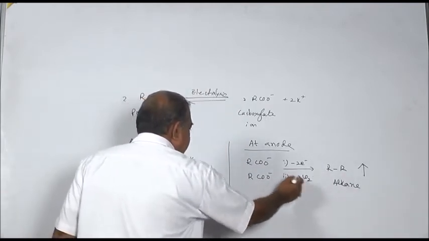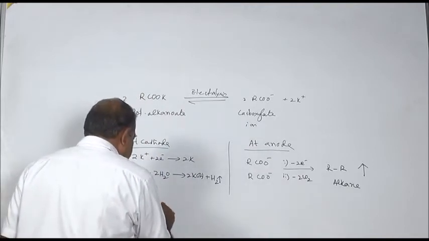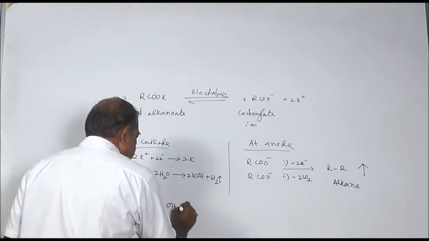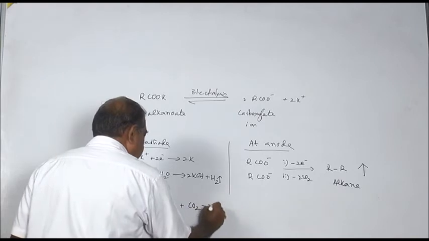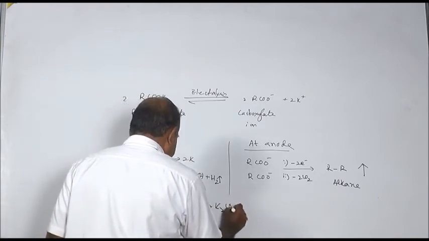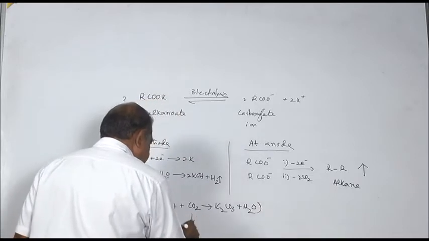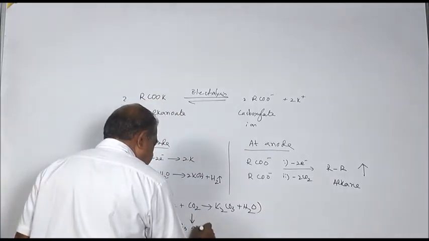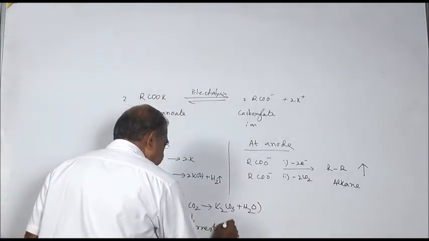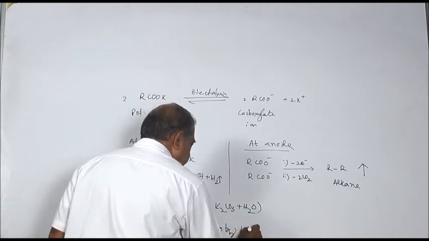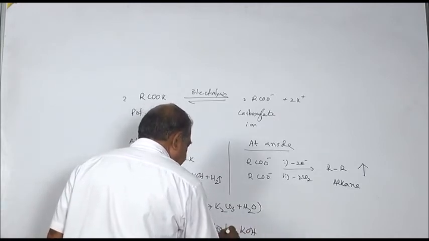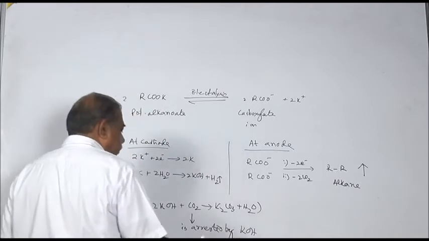Now you can see carbon dioxide is a gas. It reacts with potassium hydroxide, giving you potassium carbonate plus water. So carbon dioxide is arrested by potassium hydroxide, that is, it remains there.